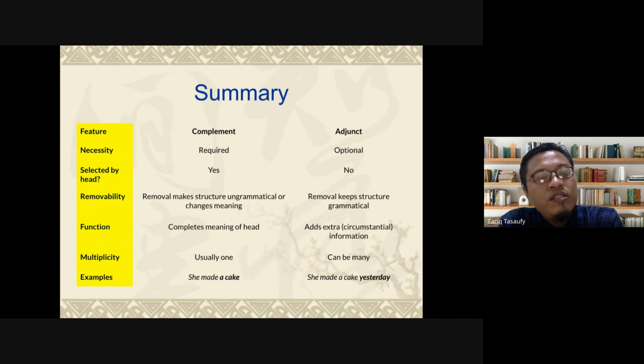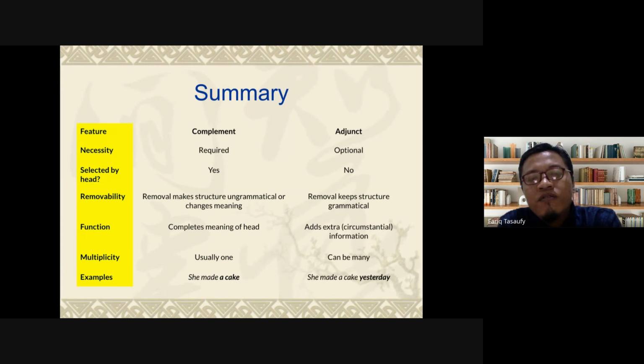And removability. If you remove the complement, it will change the structure or make the structure ungrammatical. If the structure changes, it doesn't always become ungrammatical, but the meaning will always be different, right?